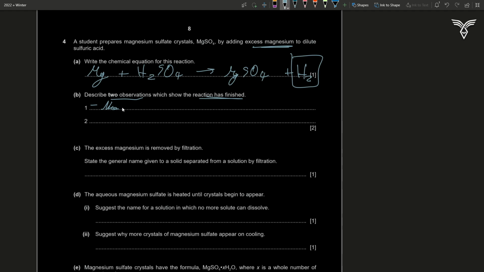No more fizzing or no more bubbles are produced. بس fizzing is the observation اللي انت بتشوفه لما bubbles are produced. عندنا ايه تاني؟ طيب هنا we're using excess magnesium and dilute sulfuric acid. فايه اللي هيحصل عندي لما الدايلوت سلفوريك اسيد يخلص؟ لان هو limiting agent. كده no more solid of the Mg magnesium dissolves. So no more solid dissolves.